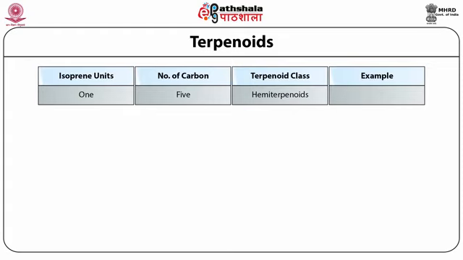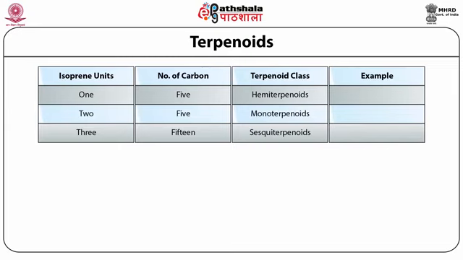Monoterpenoids having 2 isoprene units, 10 carbon atoms. Sesquiterpenoids bearing 3 isoprene units, 15 carbon atoms. Diterpenoids with 4 isoprene units and 20 carbon atoms.